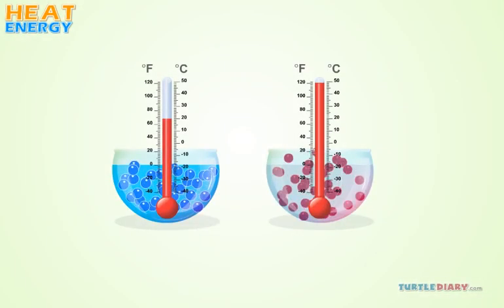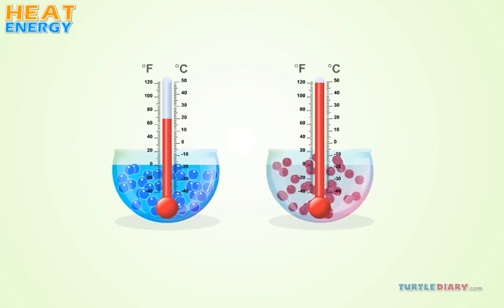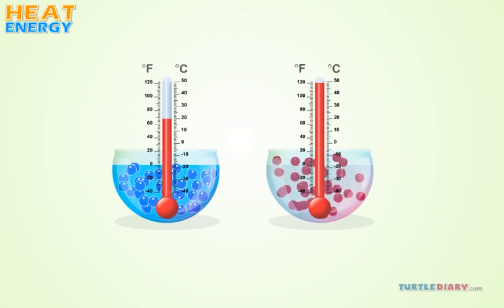The faster the movement of the particles in an object, the higher the temperature of the object will be. Heat, once again, is the transfer of an object's energy to another object with a lower temperature.